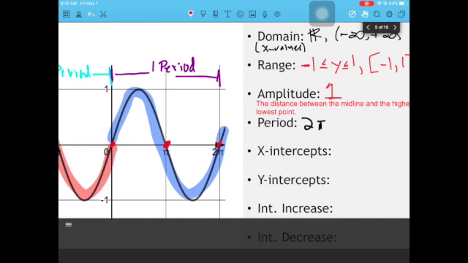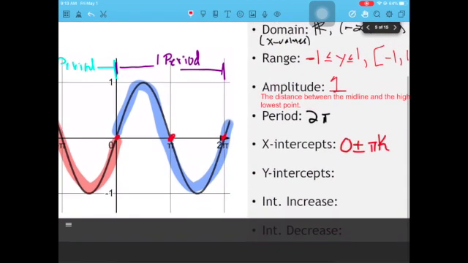The first one starts at 0, and then every time you go either left or right by pi, you're going to hit another 0. In this case, we're going to add a k to it because this goes on forever. It goes to the right forever, and it goes to the left. So that k is going to control how many times you go to the right or to the left.